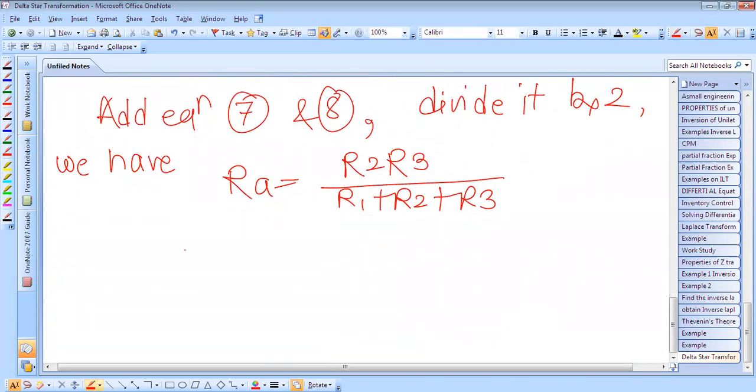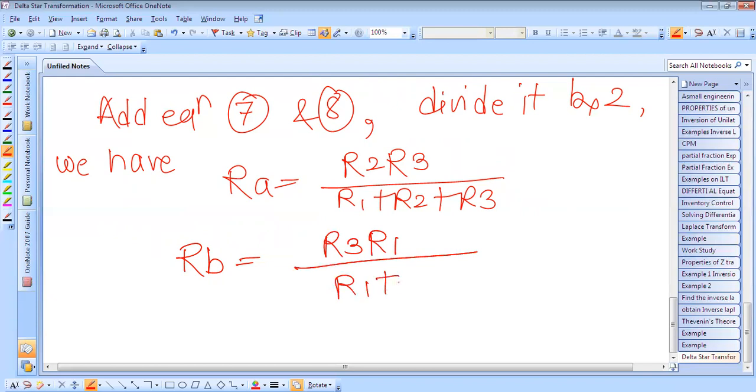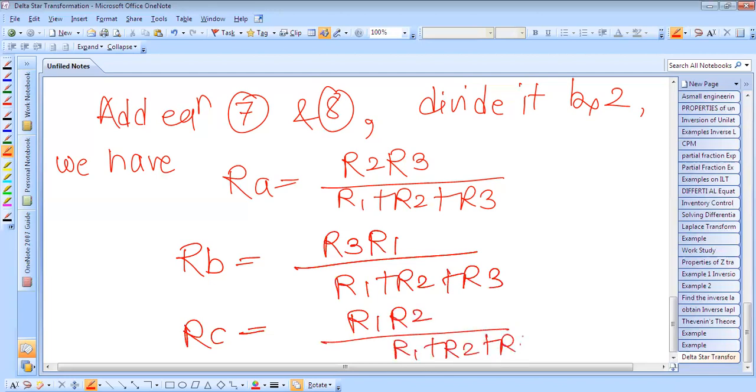How can you write RB? RB we can write as R3 R1 divided by R1 plus R2 plus R3, and RC is equal to R1 R2 divided by R1 plus R2 plus R3.